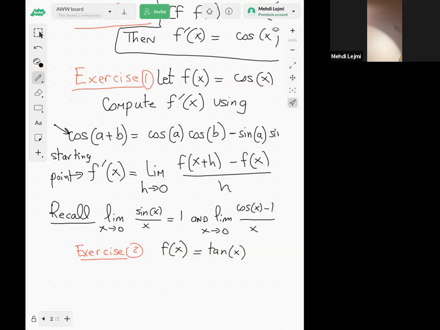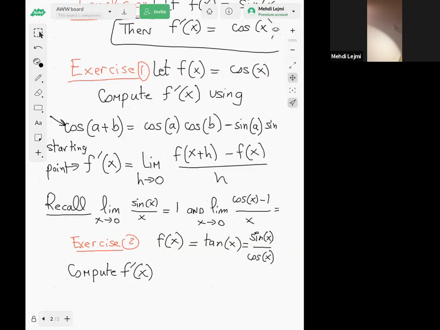Tan of x, by definition, is sine over cosine, right? You can try to compute f prime of x using the quotient rule.